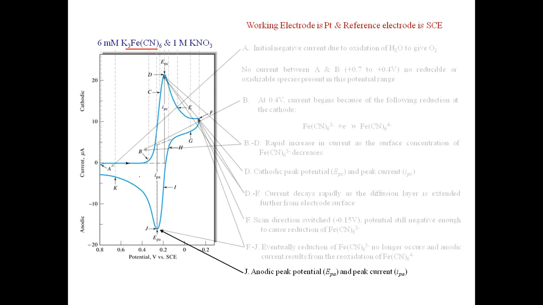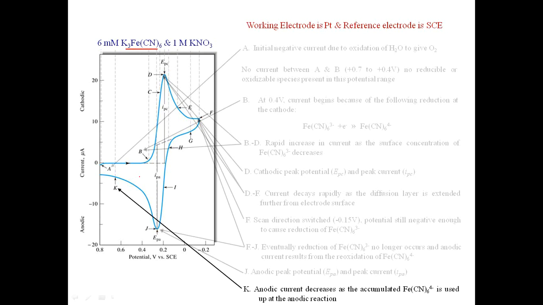And beyond this point, the current again reduces, because all the accumulated ferrocyanide has converted to ferricyanide and is used up, so the current reduces, there is no reaction, so it goes back to its initial state at the initial potential.